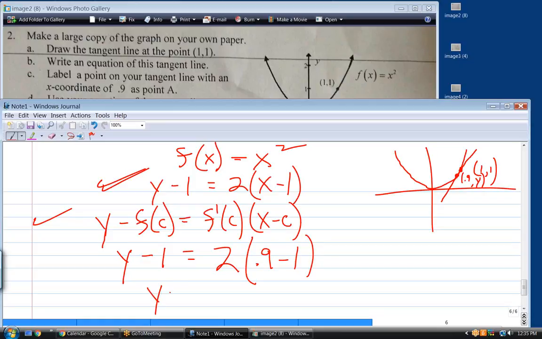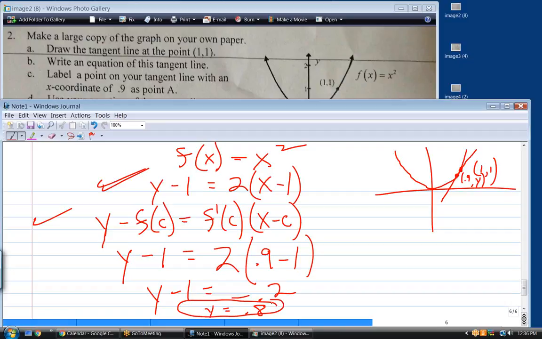So what is this? y minus 1 equals 2 times negative 0.1, so that's negative 0.2. So y equals 0.8. And the one thing we can see from our picture is that y is definitely lower than 1, so that answer makes sense.